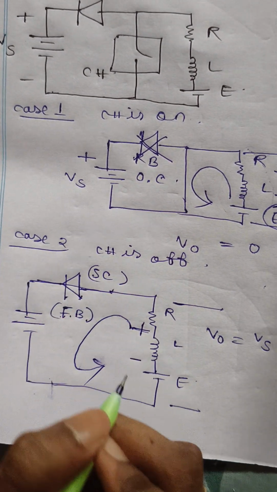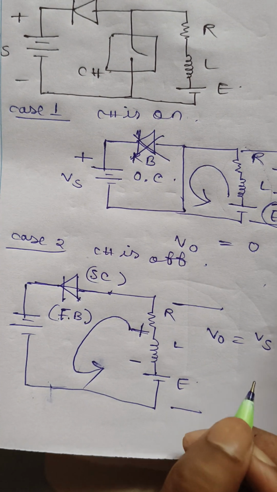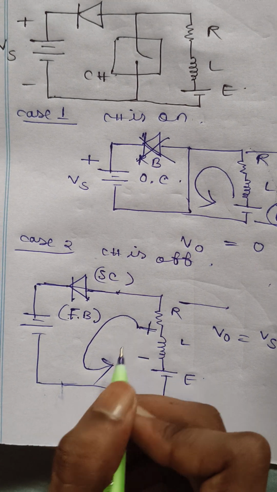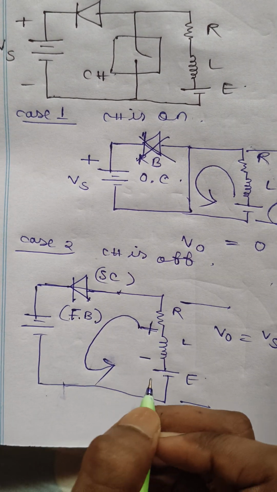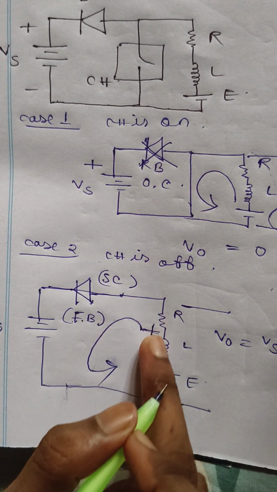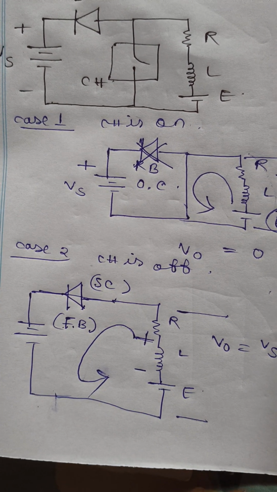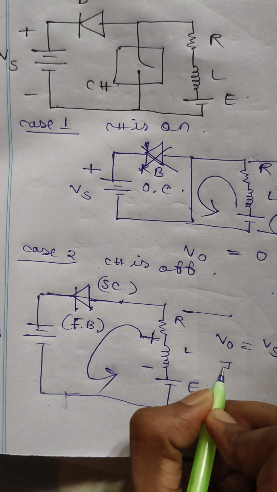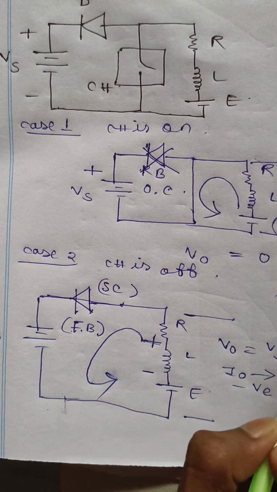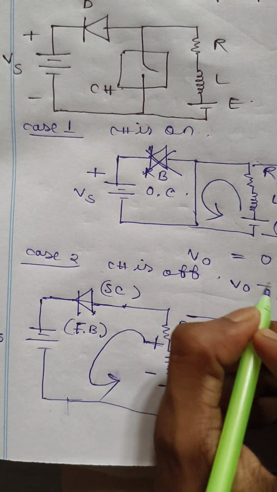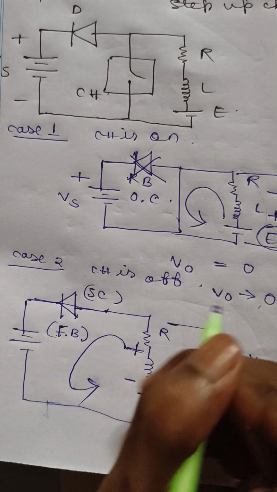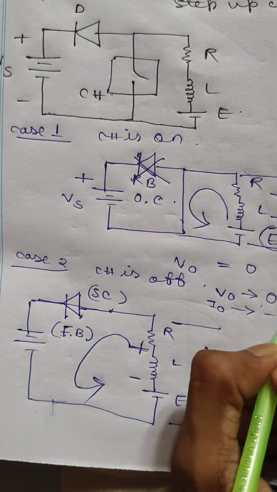So V0 is equal to Vs, but the current that is flowing is opposite to the conventional direction. The output current is now negative. In the earlier case, the output voltage was 0, but the output current was negative.